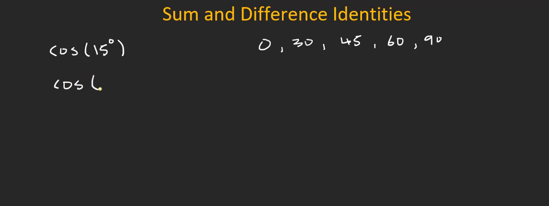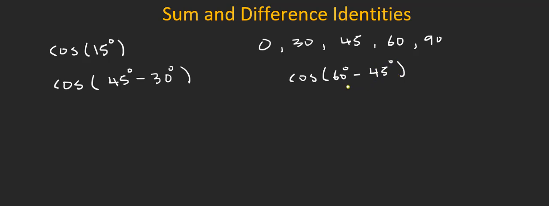Well, cosine of quantity, how about 45 minus 30? Now, some of you might say, can we use cosine of 60 minus 45? Sure, as long as you use two nice angles, it doesn't matter which one you use because you'll end up getting the same answer.